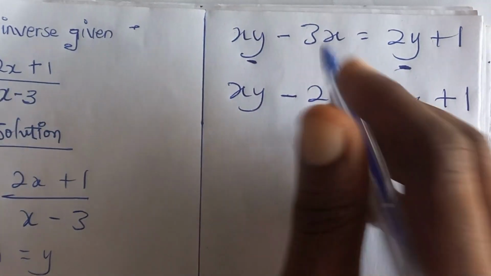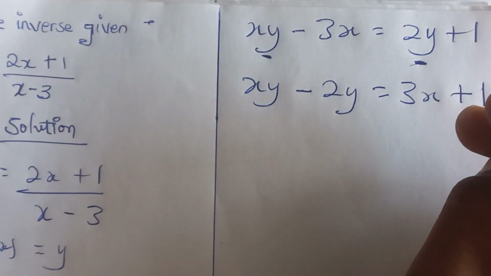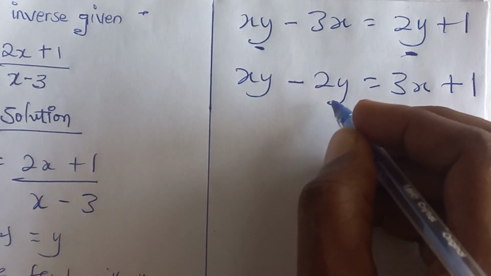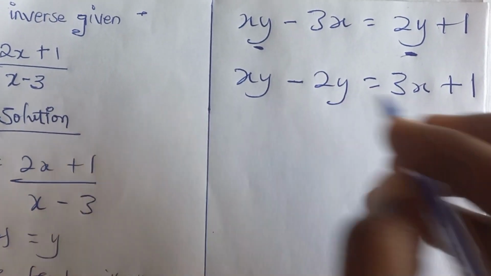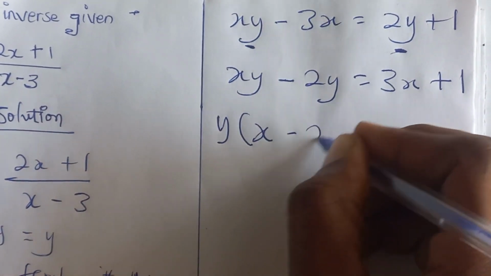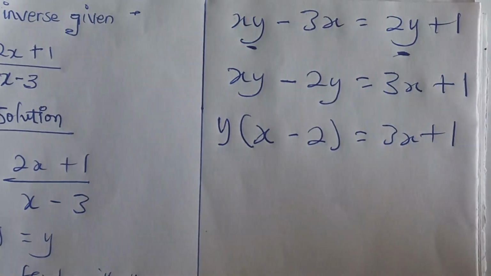Good. So we're having all the y at the left hand side. So in this case, we can factorize y outside. So it will be y bracket x minus 2 is equal to 3x plus 1.